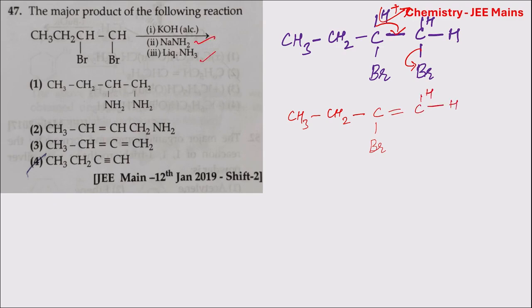Then again in the presence of NaNH2 and liquid ammonia, bromine leaves as bromide ion, this hydrogen leaves as H plus ion and the final product which is formed is CH3, CH2, C triple bond, CH. So correct option is option 4.